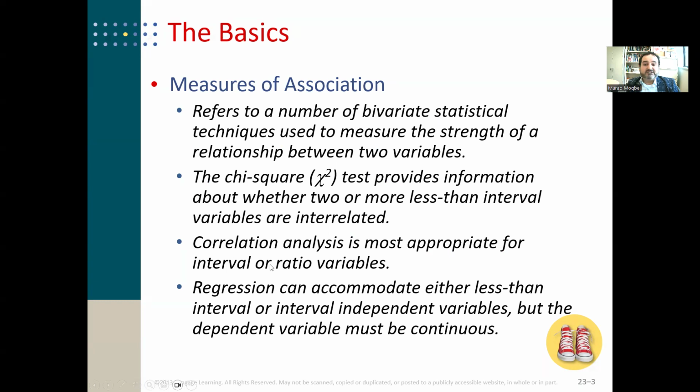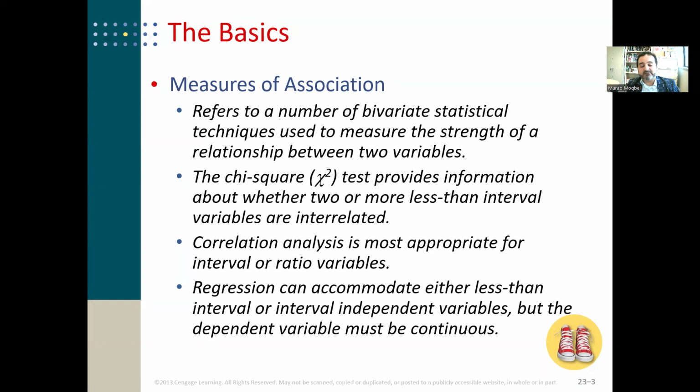And then correlation analysis is very appropriate when we have interval or ratio variables, meaning both variables are continuous variables, like age, weight, sales, and so on. And then regression can also accommodate, let's say, a nominal or categorical variable, like gender, where we want to see its relationship with performance.